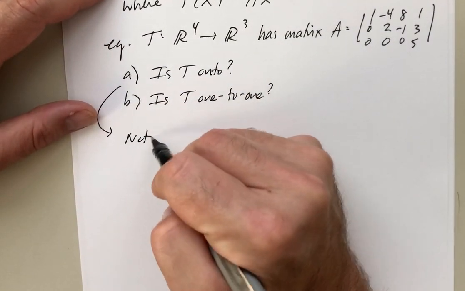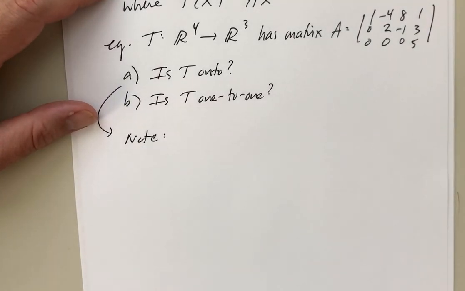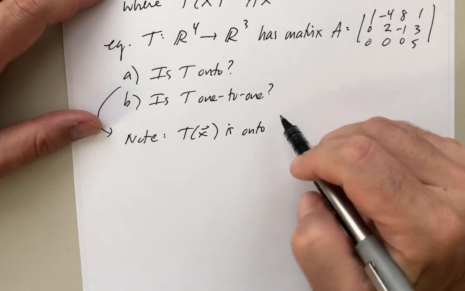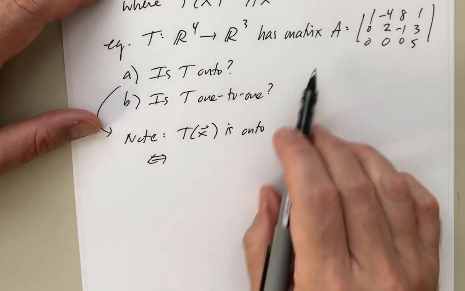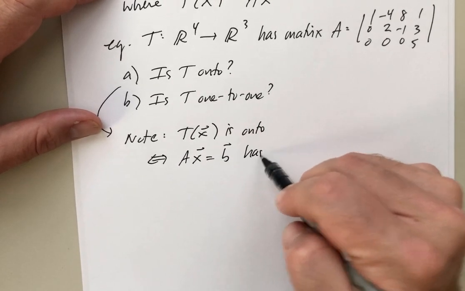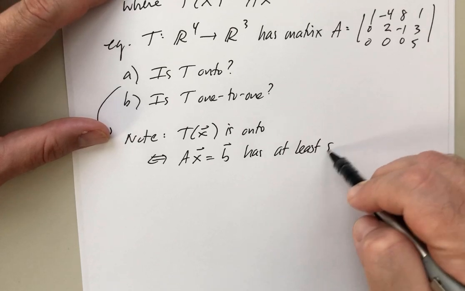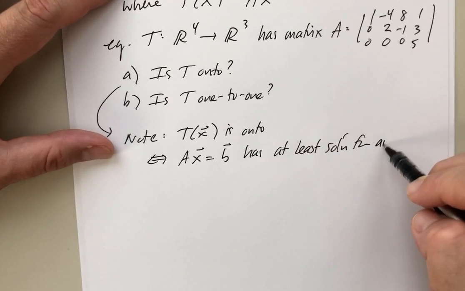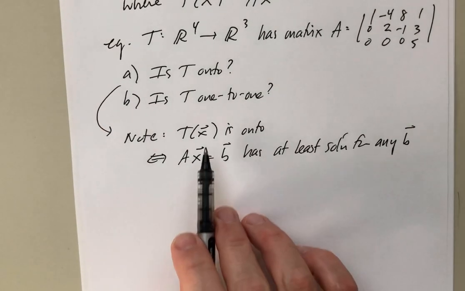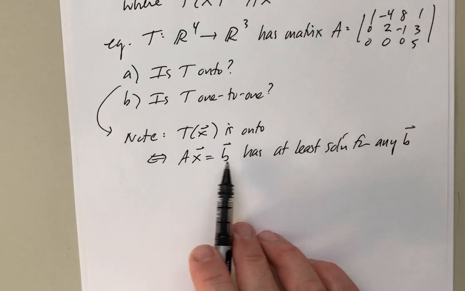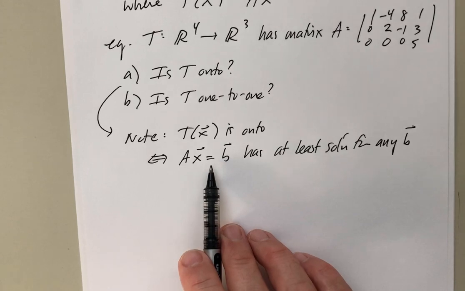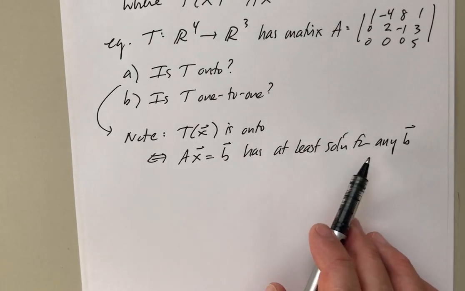T of x is onto if and only if A times x equals b has at least one solution for any b. That's exactly what we're saying: for any vector b, I want T of x to equal b for at least one x. And that's the same as saying that Ax equals b should have a solution for any b.